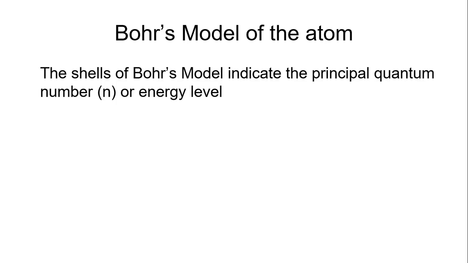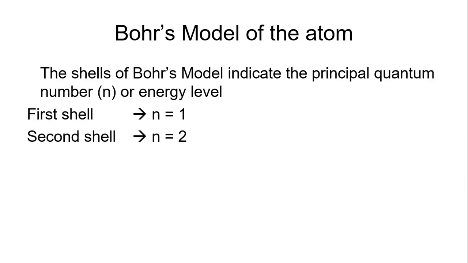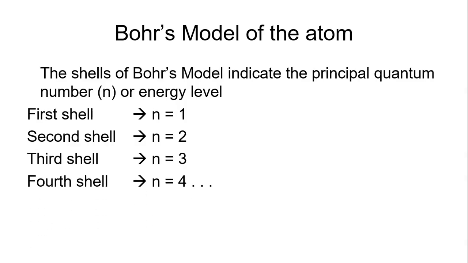So if we go back to our shells, the first shell is 1, the second shell is 2, third shell is 3, so on and so forth, until you get to, in our case, the 7th shell on the electron. So now we have a shell according to the Bohr model.